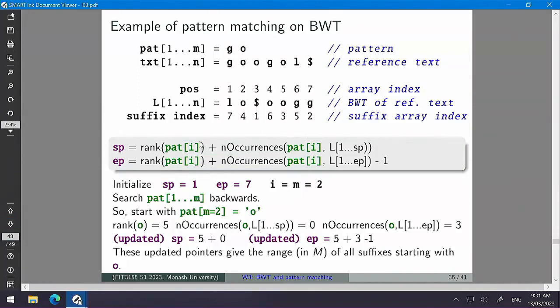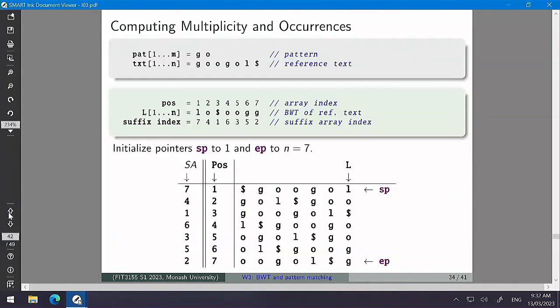So we are starting on letter O, and these are the formulas that we have to use. You will see why this works quite intuitively, because you already know why it works for the recovery. So start point is 1, end point is 7.